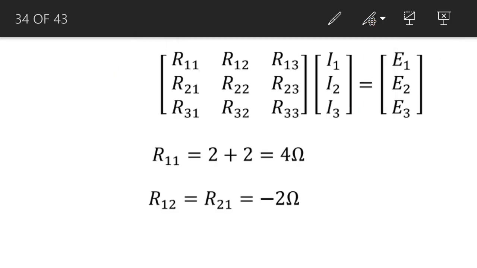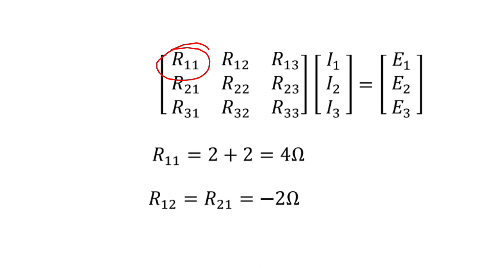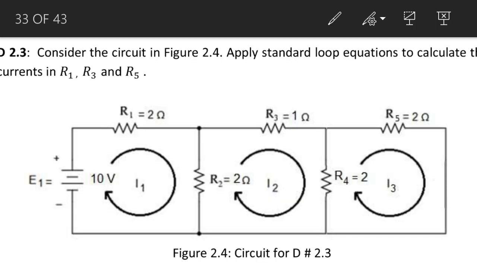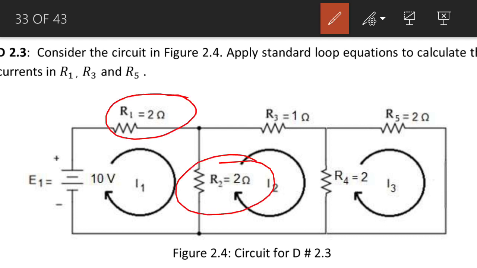We find out R11. R11 is the total self-resistance of loop number 1. You see there are two resistors in loop number 1, R1 and R2. And R1 plus R2 is 2 plus 2, that is 4. So R11 will be equal to 4 ohms.